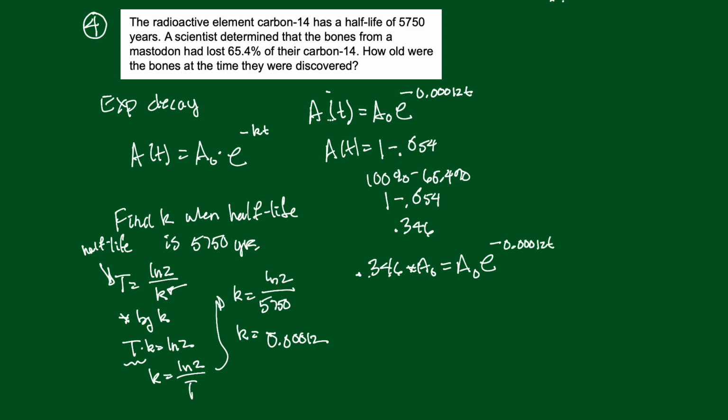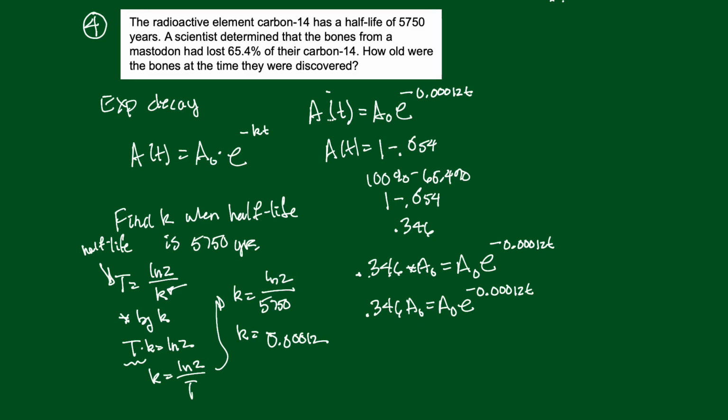All right, so here's what we have. The amount, which is 34.6% of the original amount, is equal to the original amount times this exponential. So let me just clean this equation up. Here's what we have. 0.346 A naught equals A naught e to the negative 0.00012 t.